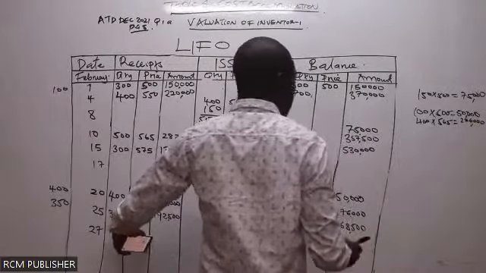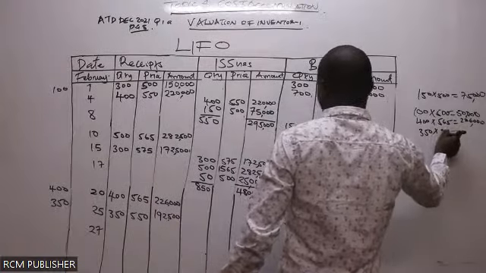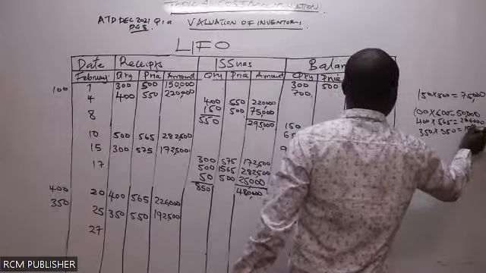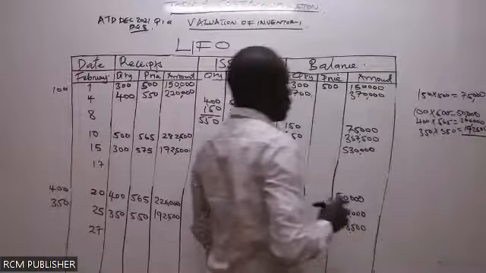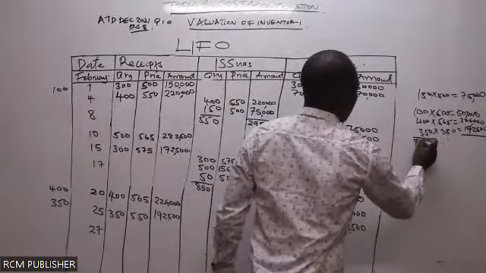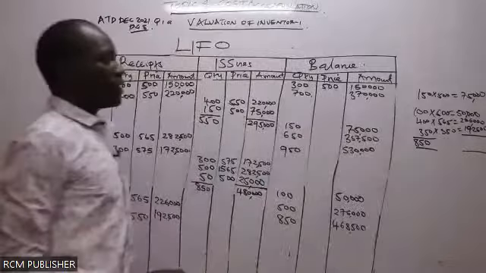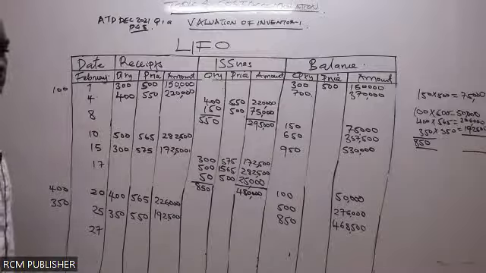Then I have this 350 that was brought in at 550 is equal to 192,500. Can someone add these three things? What are we going to have? 50,000, 226,000, and then 192,500. What are we getting?